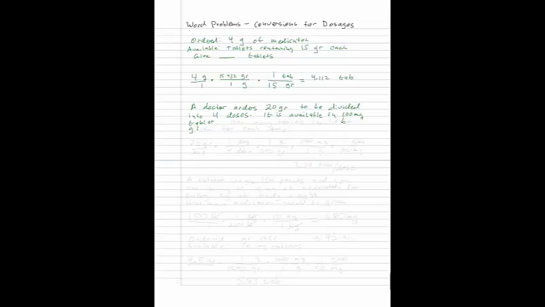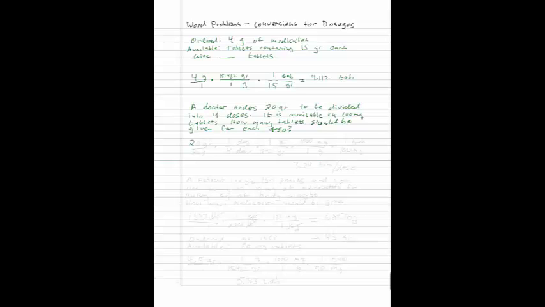How many tablets should you give each dose? So we have 20 grains per day and 4 doses per day. So I hope it's obvious it is going to be 5 grains per dose, but let's go ahead and do the conversion here.